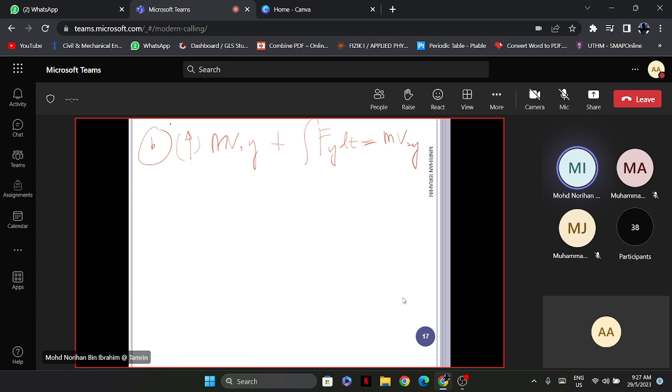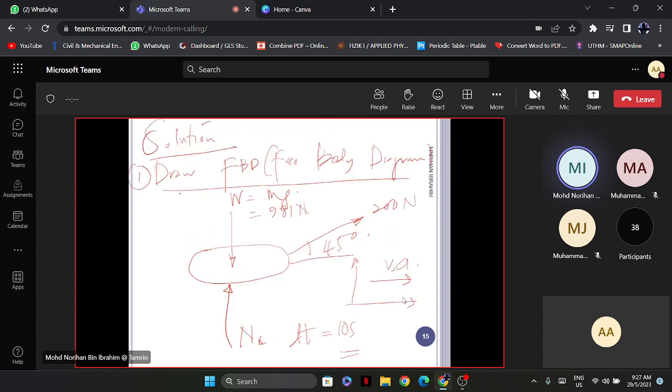Positive y upward for this case. So we look back at our illustrations. What is in the y direction?